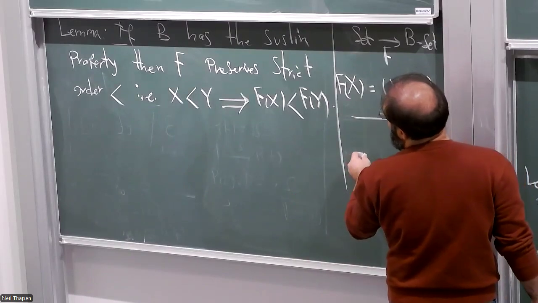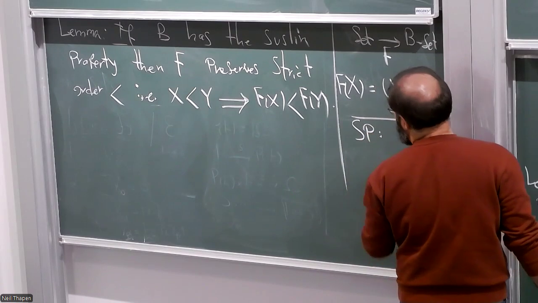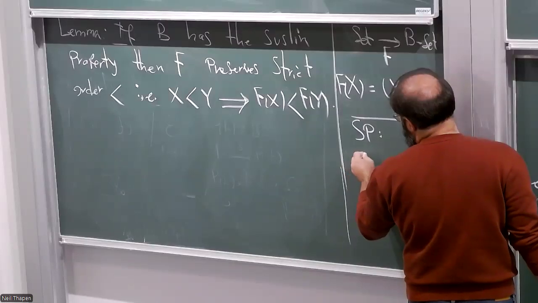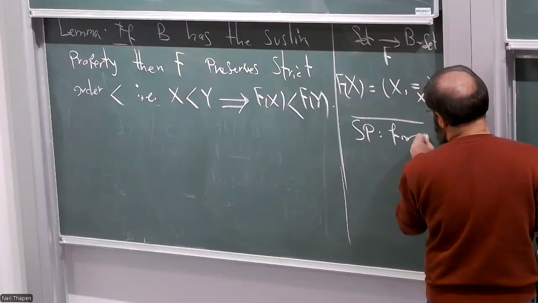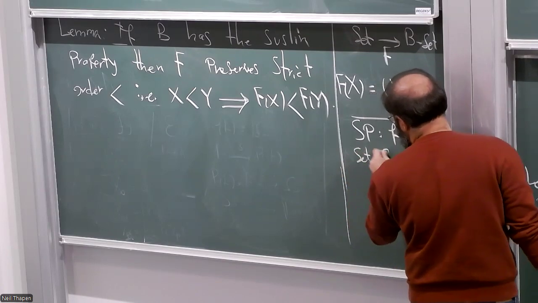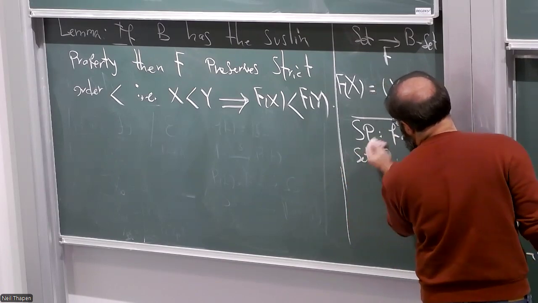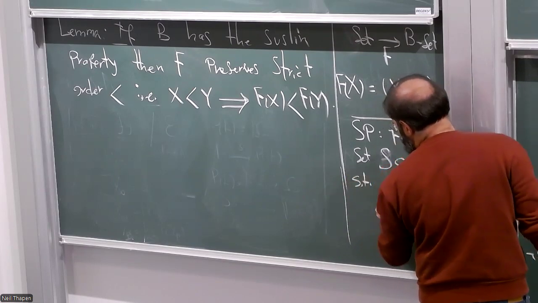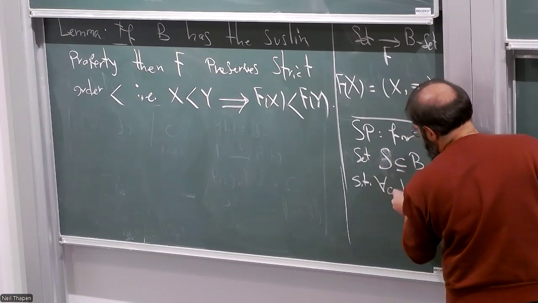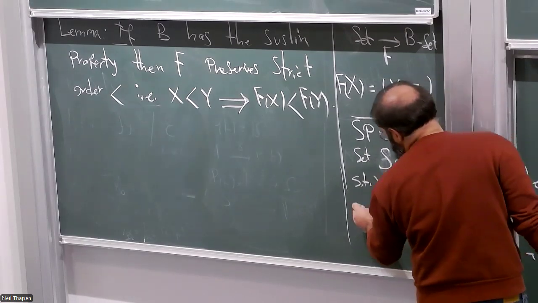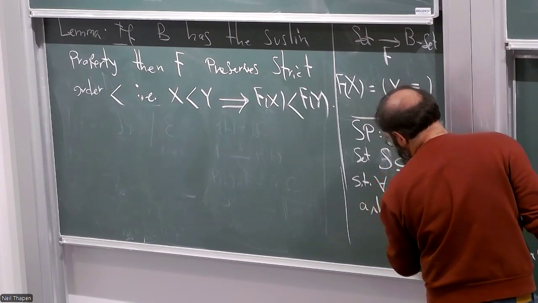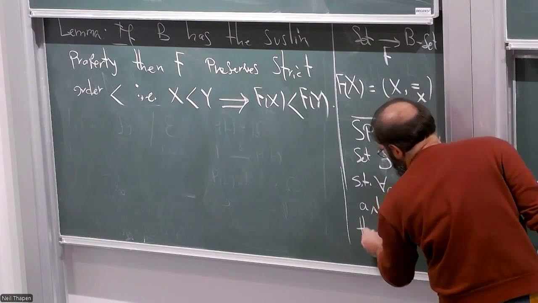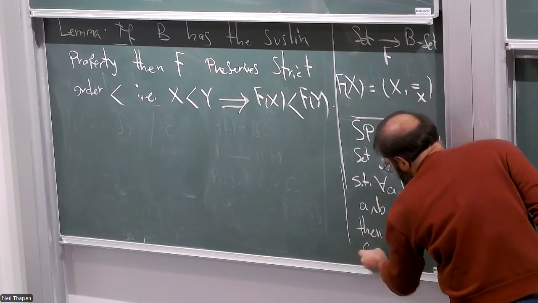Probably you know your Suslin property, right? The Suslin property simply says for B that if you have any subset S of B such that for any A and B inside S, with A and B different, A meet B is 0, then S is countable.